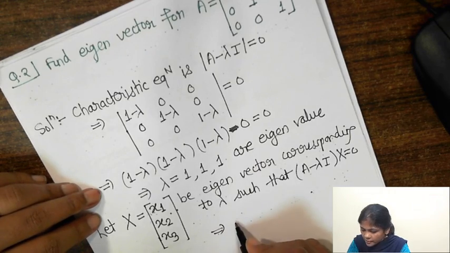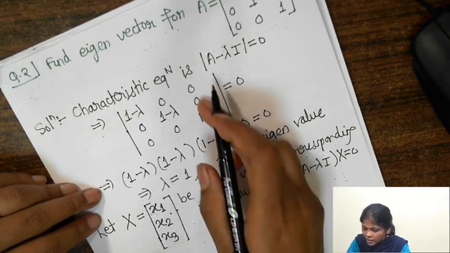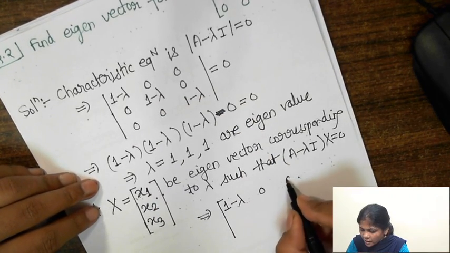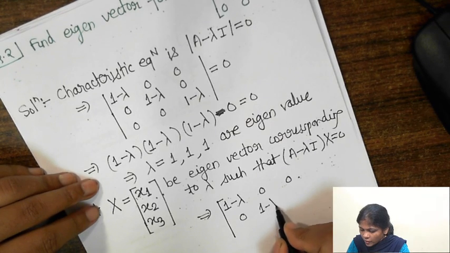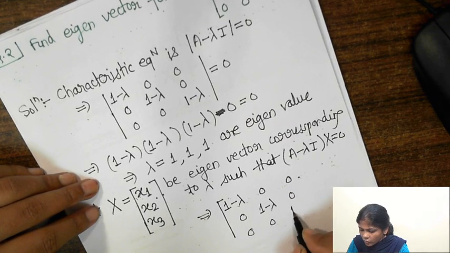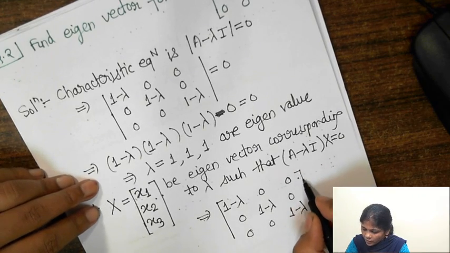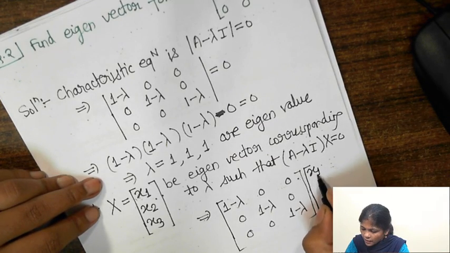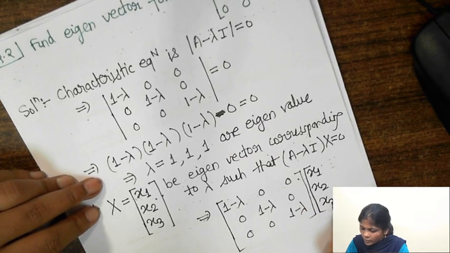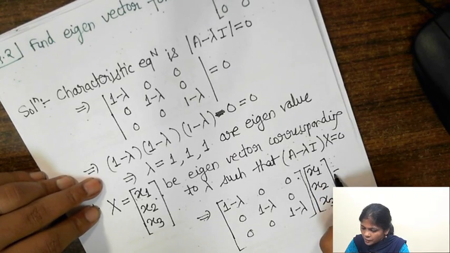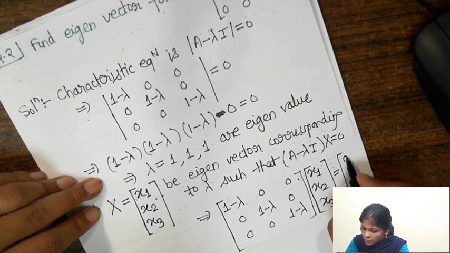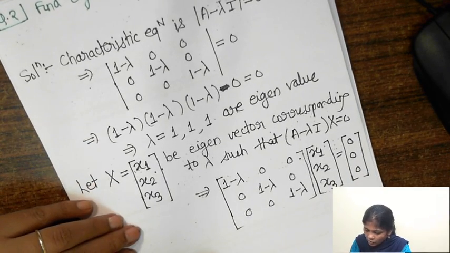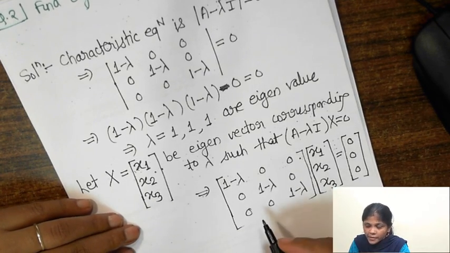So what does this give? A minus lambda I, we already have these elements in the determinant, enclosed in a matrix sign: 1 minus lambda, 0, 0; 0, 1 minus lambda, 0; 0, 0, 1 minus lambda, into x, where x is x1, x2, x3, equal to the 0 matrix. Now we will multiply these two matrices.